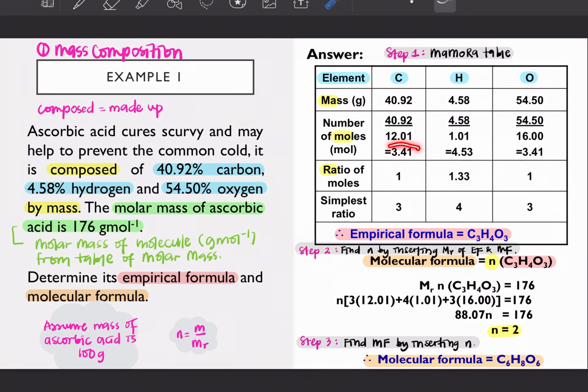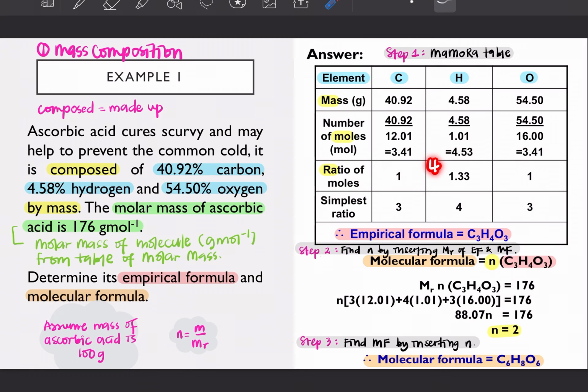So it's 3.41 and 3.41 here. So we can use that to divide it by itself. Untuk cari ratio of moles ni, you're actually calculating this way, 3.41 over 3.41, so equals to 1. So this mole as well, you have to divide it by 3.41 juga.